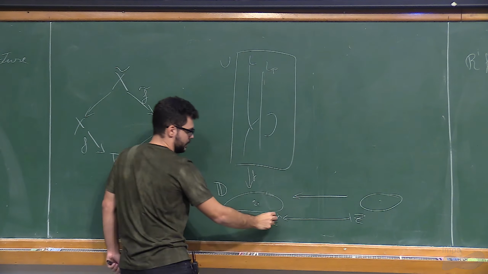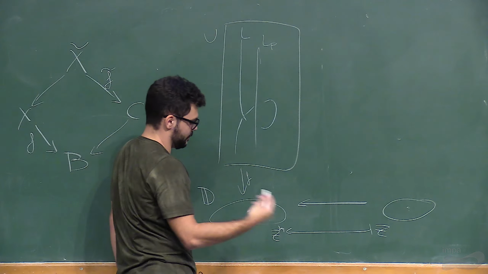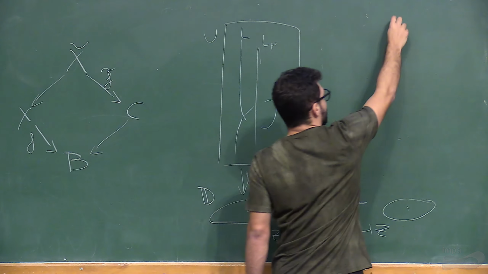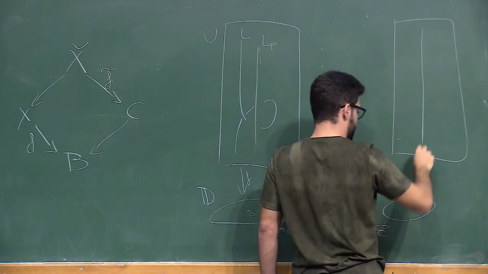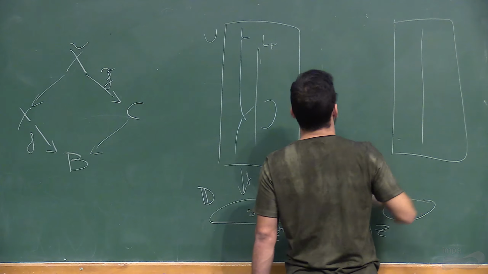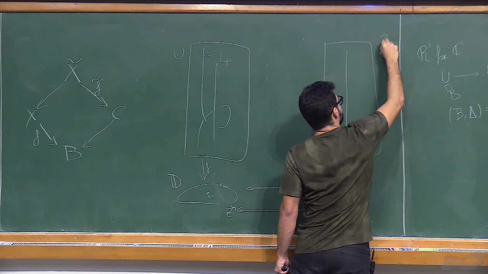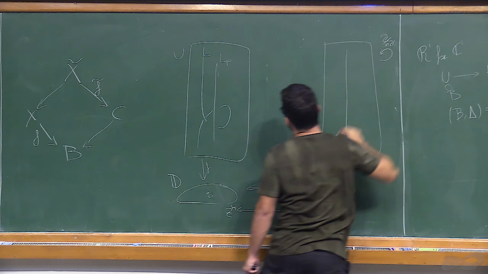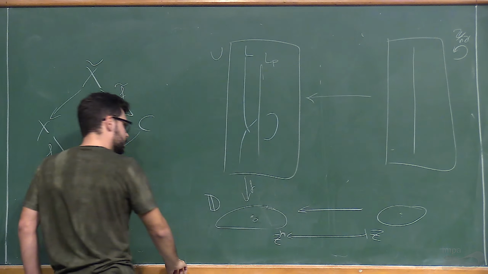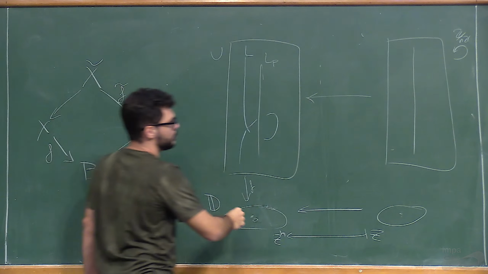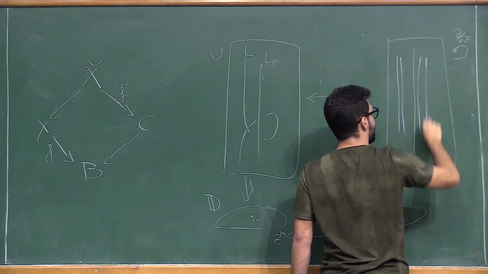Locally, here in the base, we have a branched covering given by the powers of n. And here we have a respective covering, where we have an action of Z over nZ. And this leaf, after passing to this covering, becomes n separate leaves.